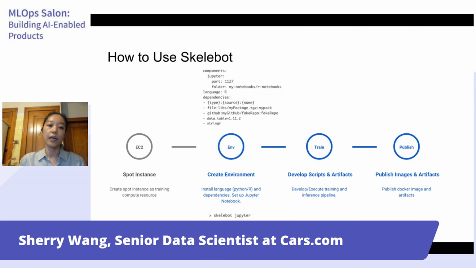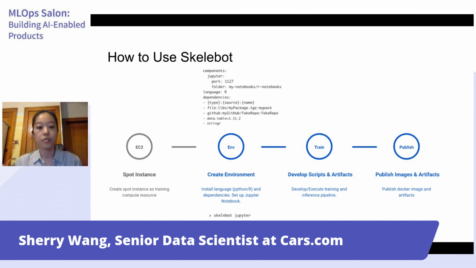So we already kind of know what Skelebot is. I want to go a little bit deeper, still using the simplified development process as an example, to show you exactly how you can use Skelebot. The first step, creating Spot instances, is outside of what Skelebot would do, but the first step after creating an instance is creating this development environment, pretty much every day.